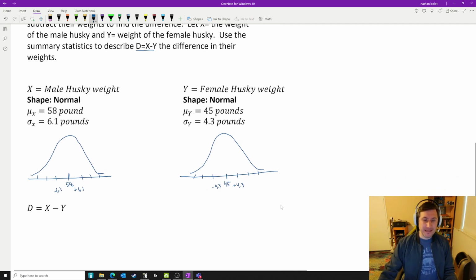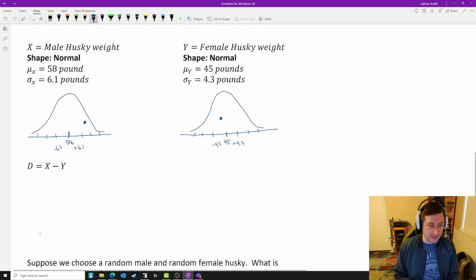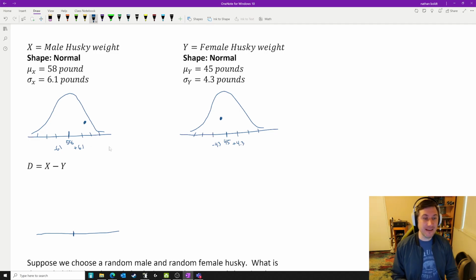Now, I'm going to take a random female husky, there, and a random male husky over there. And I'm going to take their weights and subtract them, and then that difference would turn into a new distribution. And if I did that over and over again for many, many random male and female huskies, the end result would also be normal.